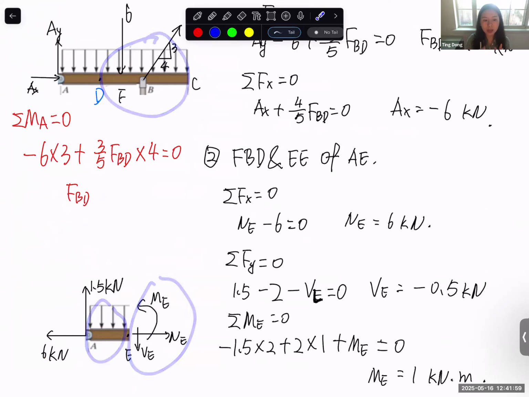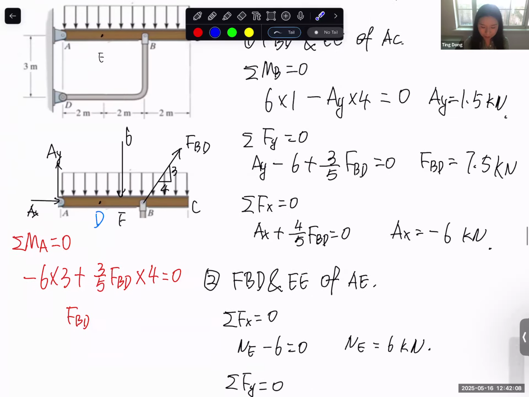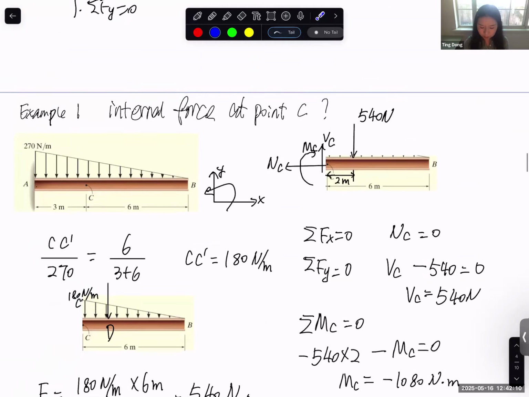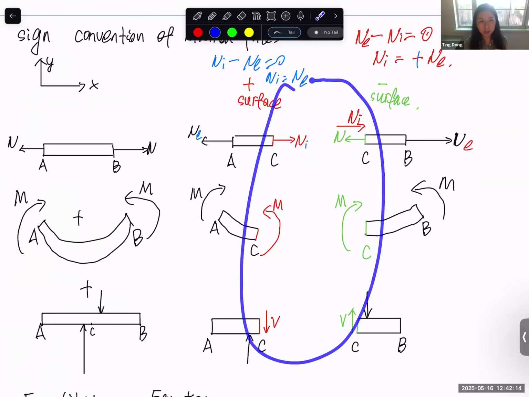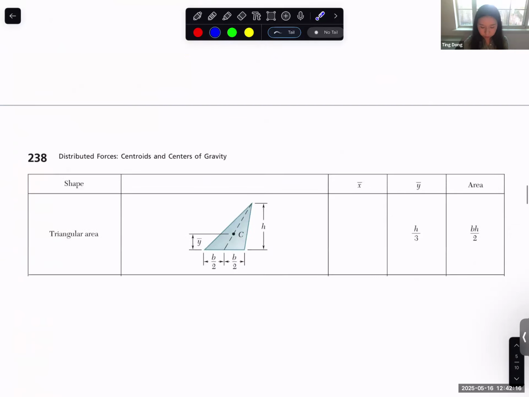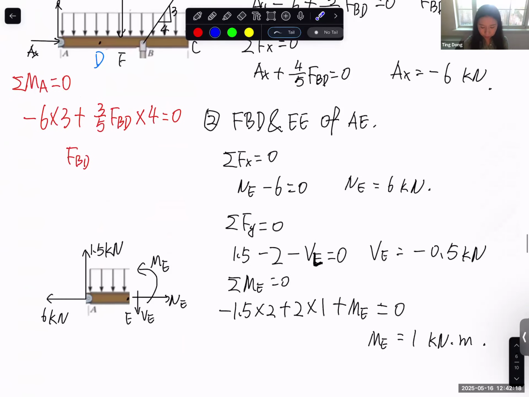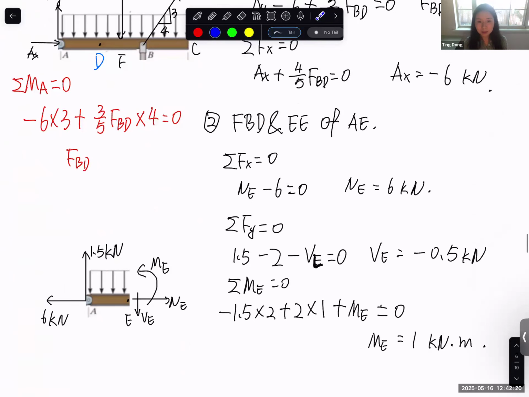That's why when we consider AE specifically, it's considered an external applied force. So I hope this helps you understand why it's very important to define the sign convention of the internal force, and why when we do the equilibrium equation, everything follows the coordinates. Is this clear? Any questions related to this part?